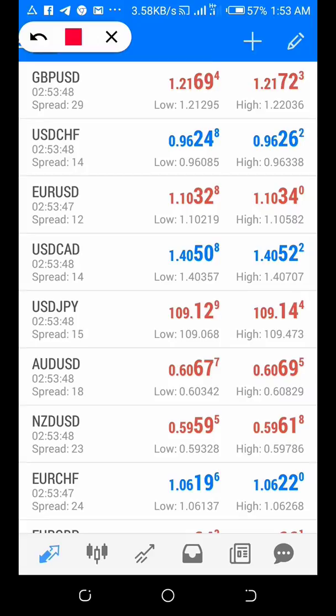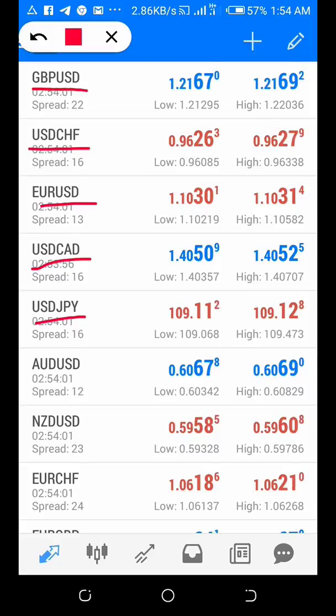Here we can see our currency pairs: GBPUSD, USDCHF, EURUSD, USDCAD, USDJPY. In the lecture I sent to you, I said that whenever we have a currency pair like GBPUSD, the first currency is called the base currency, and the second one is called the quote currency.